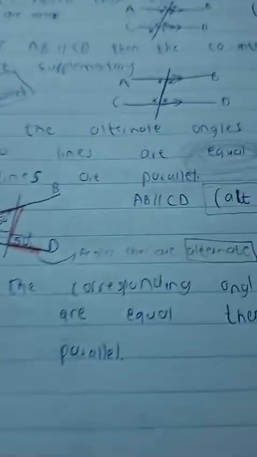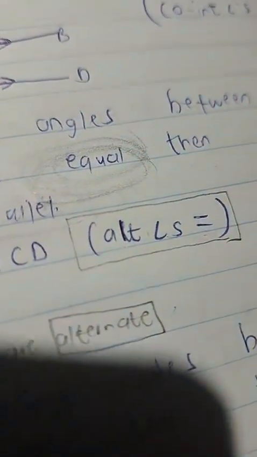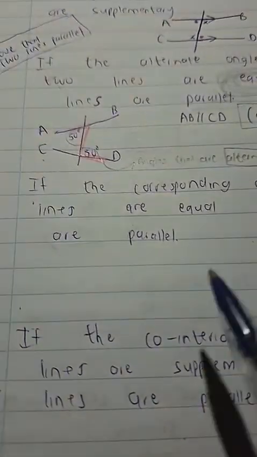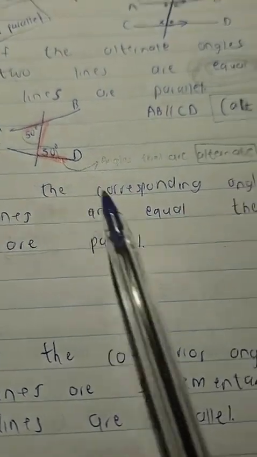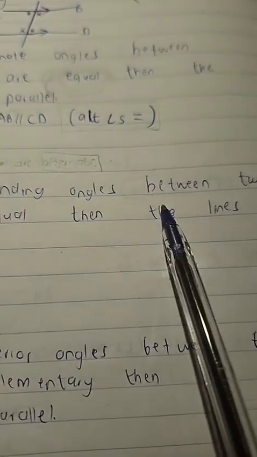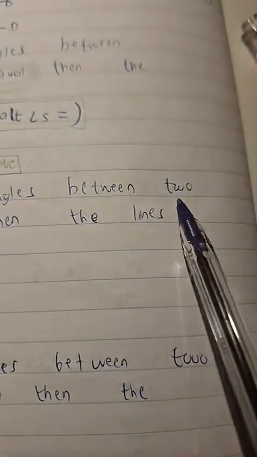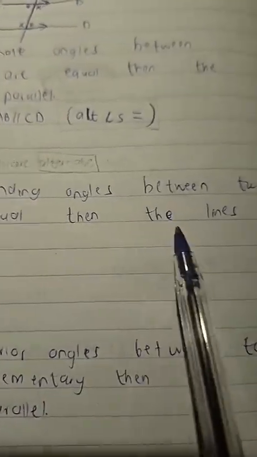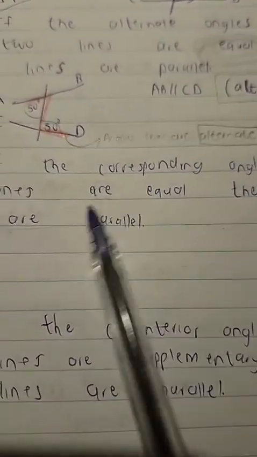There's another statement that I want us to look at. This one. If the corresponding angles between two lines are equal, then the lines are parallel.